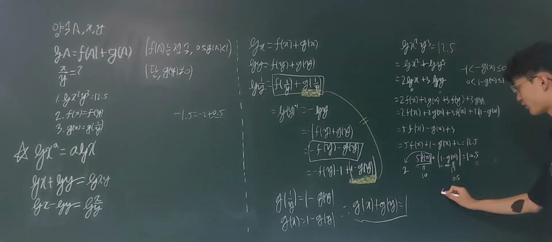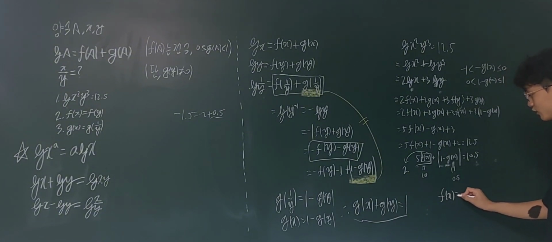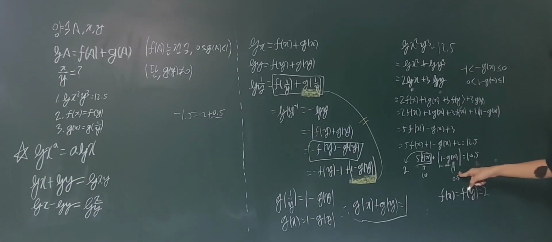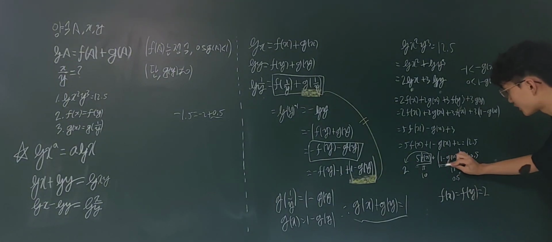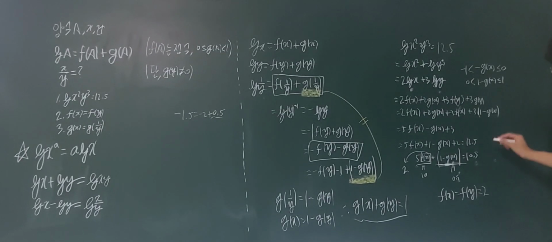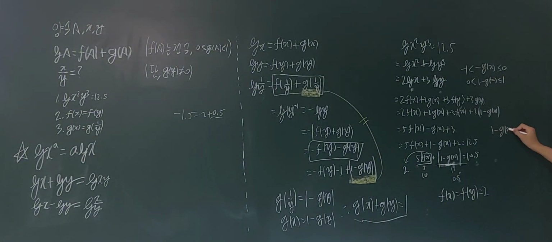So we know that f of x is equal to f of y, that's what the problem gave us, and we also found that they are equal to 2. Now since we know that this whole thing is equal to 0.5, I can just say that 1 minus g of x is equal to 0.5. Therefore, g of x is equal to 0.5.